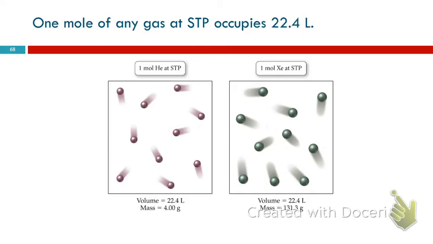They take up the same space, but they don't weigh the same. You okay with that? The reason they can take up the same space is because both of those samples are mostly nothing, mostly empty space. Okay, so the volumes are the same.